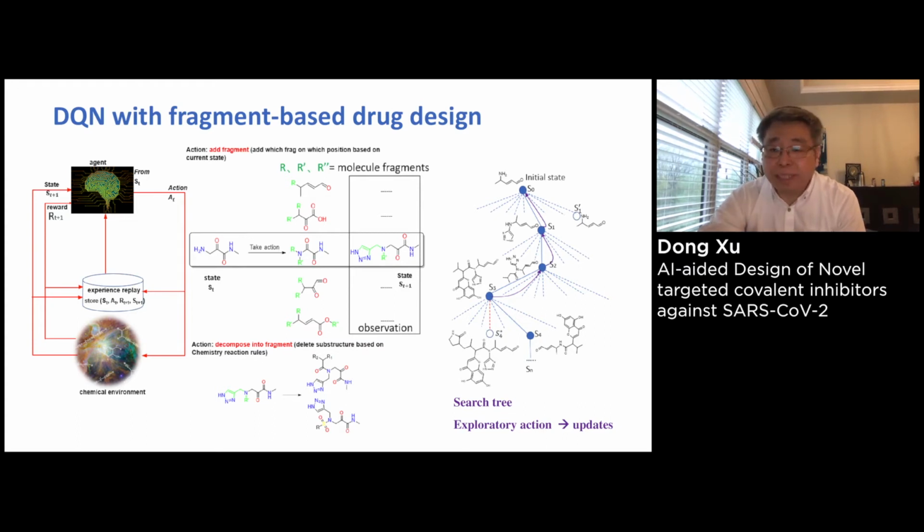The way we do it through this reinforcement search is, we have an initial structure, and then we do these exploratory actions to look into many possible combinations of fragments.